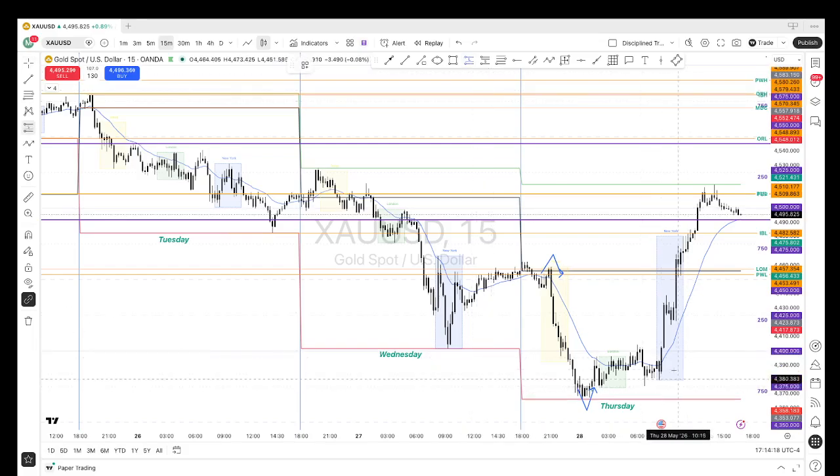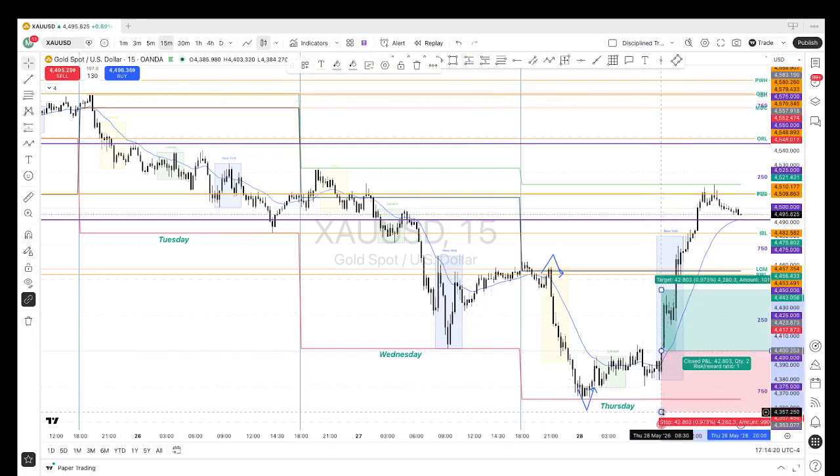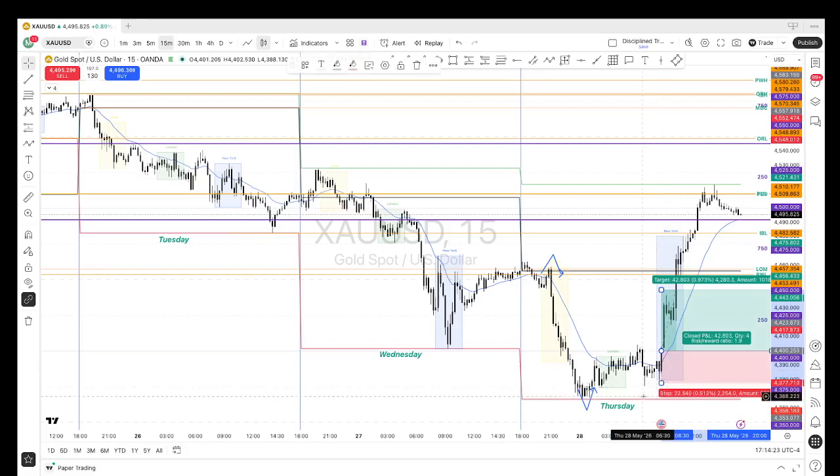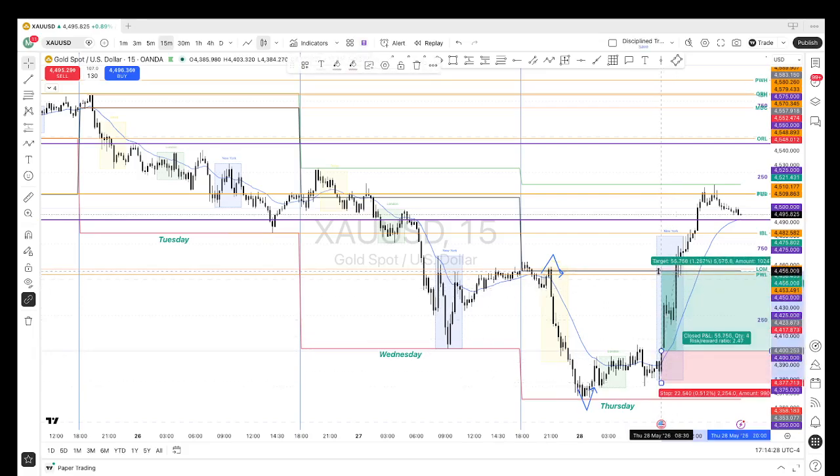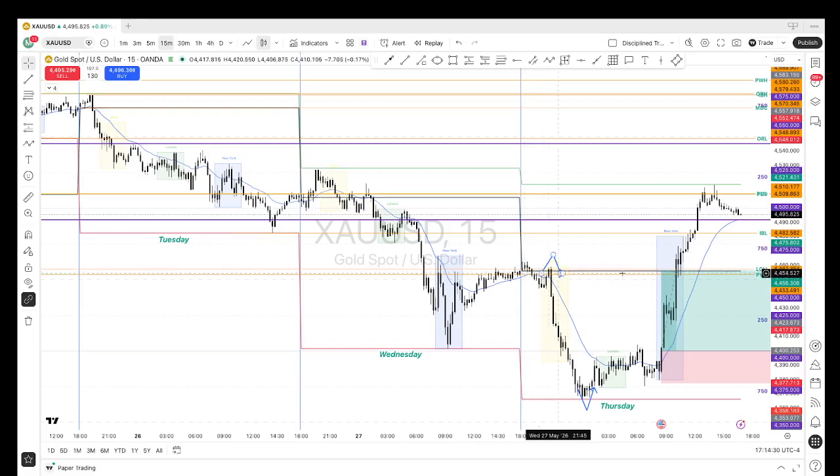So in this case, it would be like this. Our engulfing candlestick is here, come on at the low. TP is the previous day close line. This is the last point price was at before the market closed.